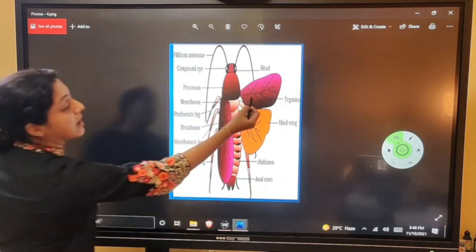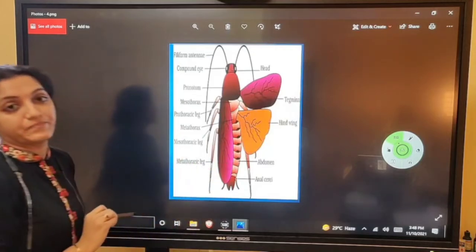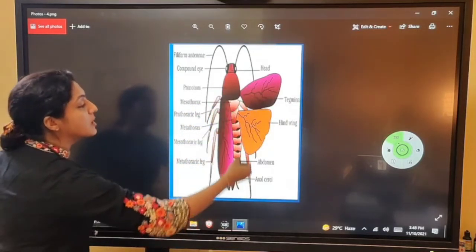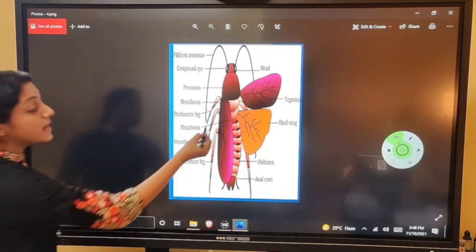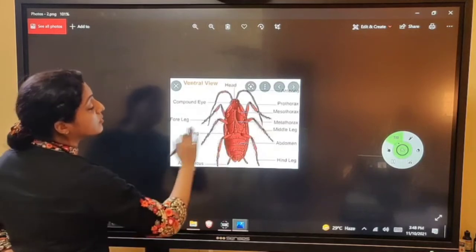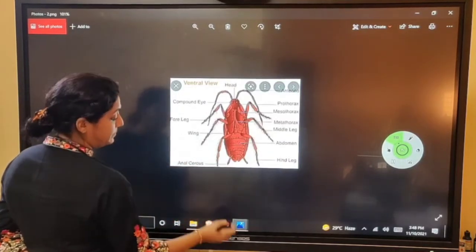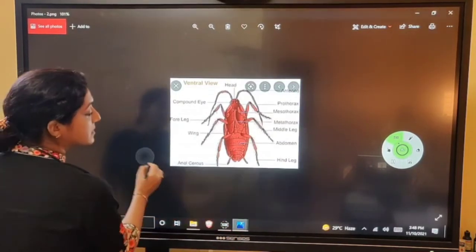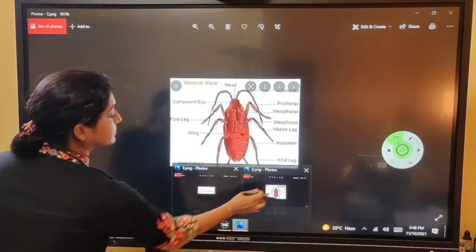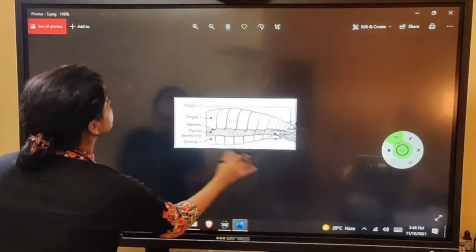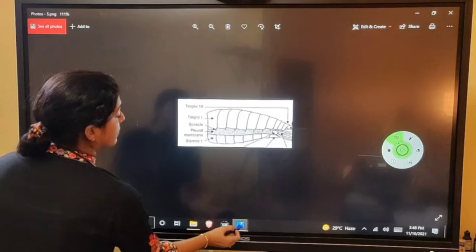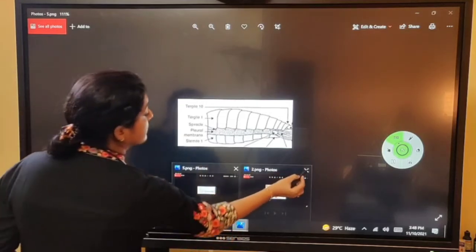See the tegmina, which is the forewing. ये देखो टेगमिना जो है, फोरविंग जो है डार्क कलर का है, ये पूरी बॉडी को कवर करके रखता है. टेगमिना को जब हटाएंगे, टेगमिना को रिमूव करेंगे, तब हमको देखने के लिए मिलता है, that is the time we can see the transparent wing, that is the hind wing. वो टाइम पे देखने के लिए मिलता है hind wing.